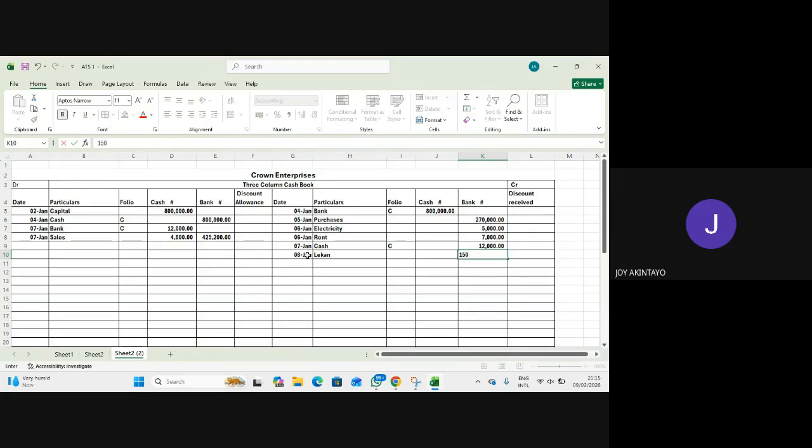So we are putting this under this. Then we are being told that we received 3,200 as our discount. Yes or no? Yes. So we put it under discount received. Understand?